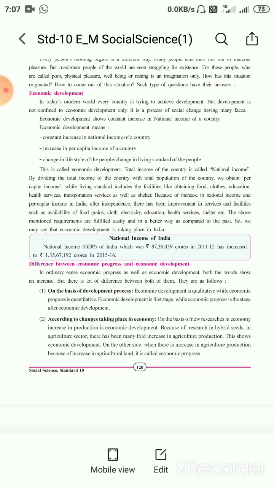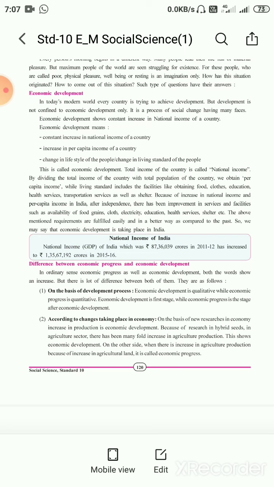Economic development means, number one, constant increase in national income. Now, the country's total income is termed as national income. Number two, increase in per capita income.